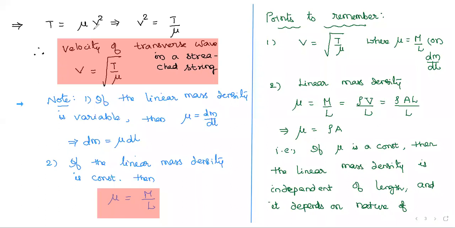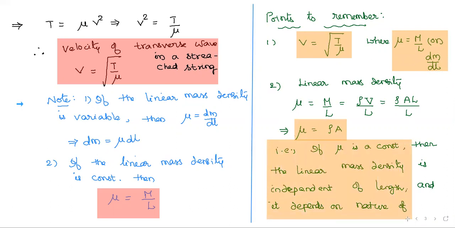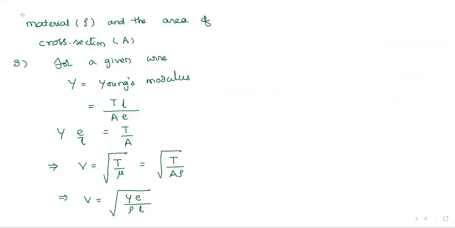And last but not least, this is one formula you have to remember. This is another formula, and this is one more that we derived: mu is equal to rho into A. This is a theoretical, very important point when you come to advanced level: what it is independent of and dependent on.